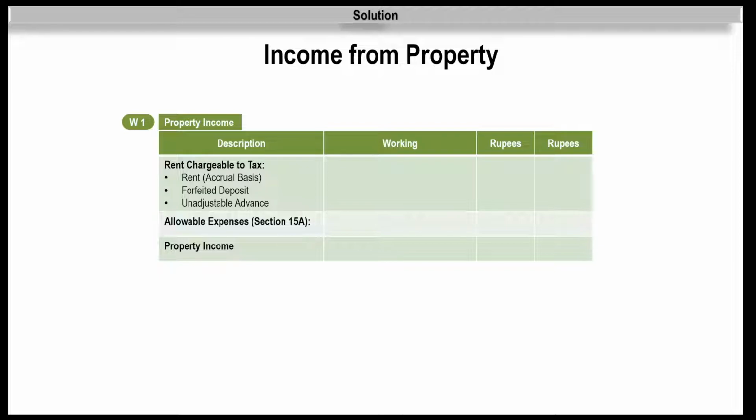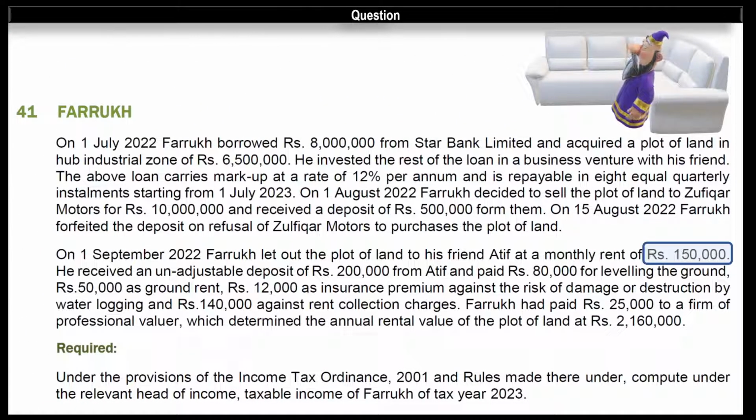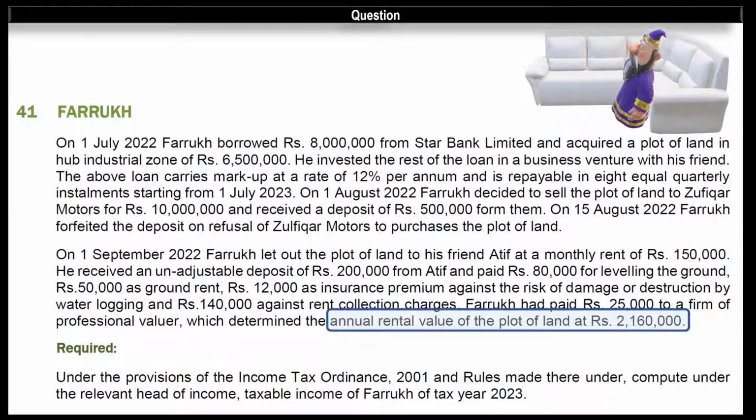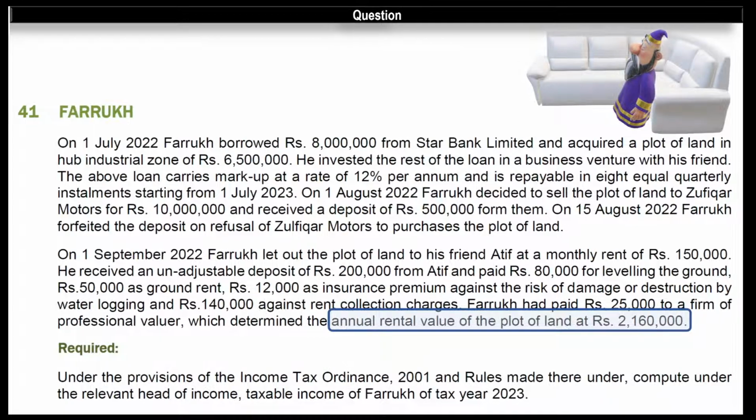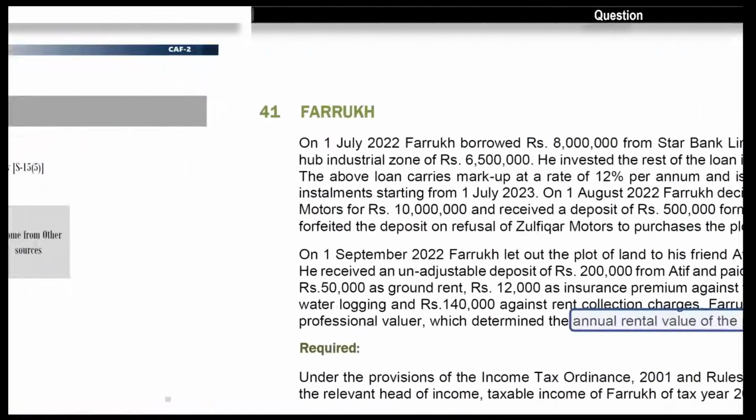The question tells us about monthly rent of rupees 150,000 per month. Please note that a professional valuer has valued annual rental value of property, which is rupees 2,160,000. Recall notes slide. Actual rent or fair market rent will be compared and higher amount will be treated as rent. Mention it in your solution.